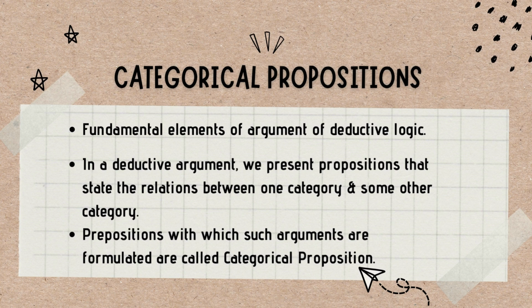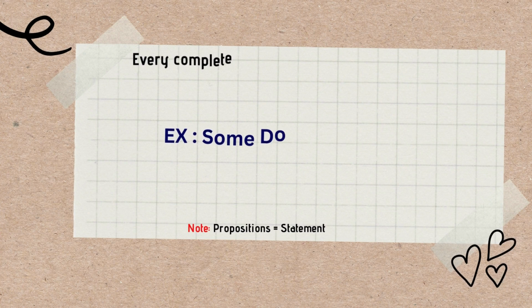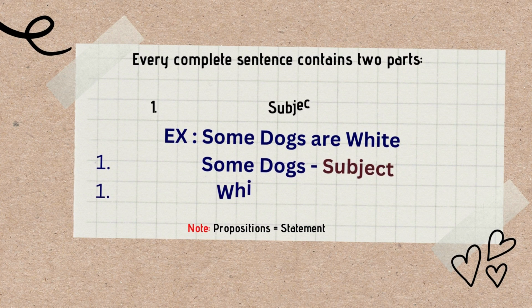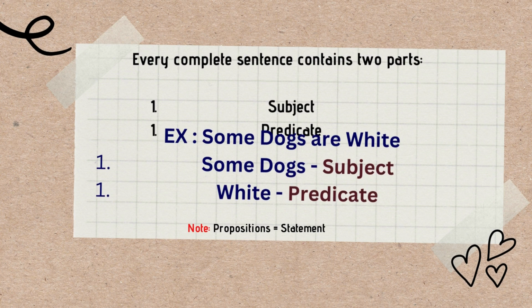As I said before, proposition means sentence or statement. So, in the categorical proposition, every complete sentence or proposition contains two parts: one is subject, another is predicate. In this sentence, "Some dogs are white," "some dogs" is the subject, and "white" is the predicate. Note, guys, when I say sentence, it also means proposition in classical logic.